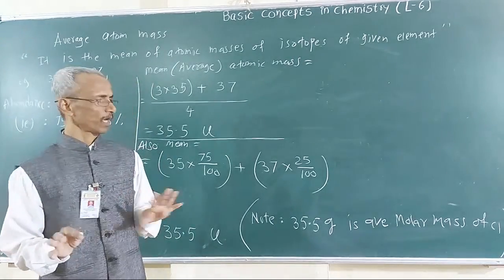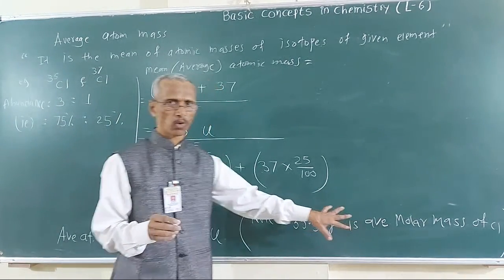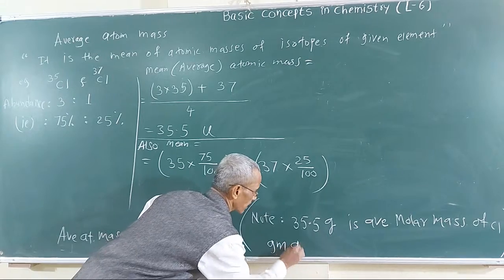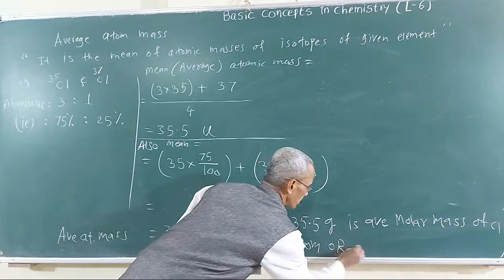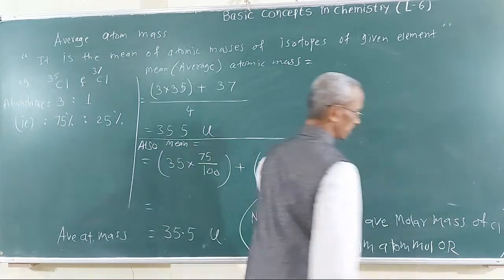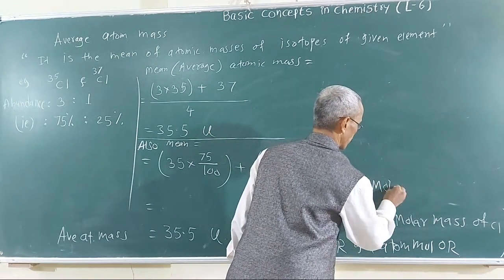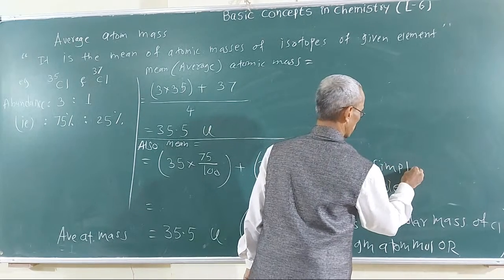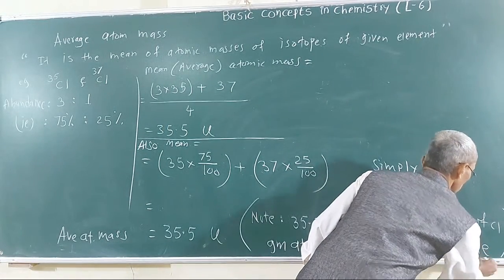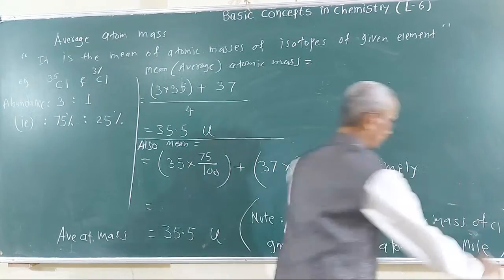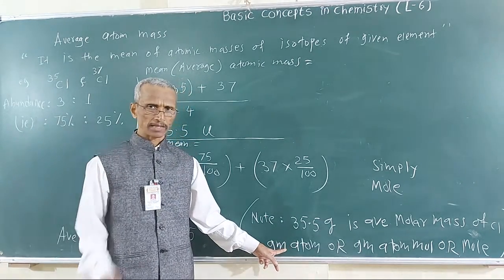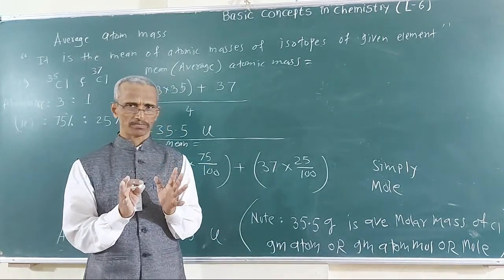Sometimes for our convenience, the gram atom mole is also written as gram atom, or sometimes simply mole. Gram atom means one mole of atoms.